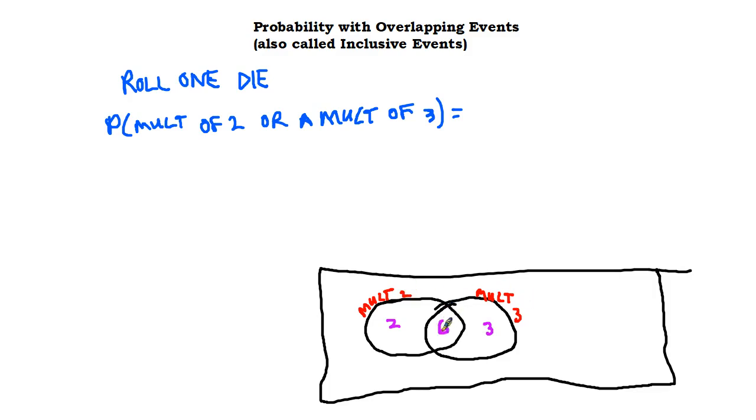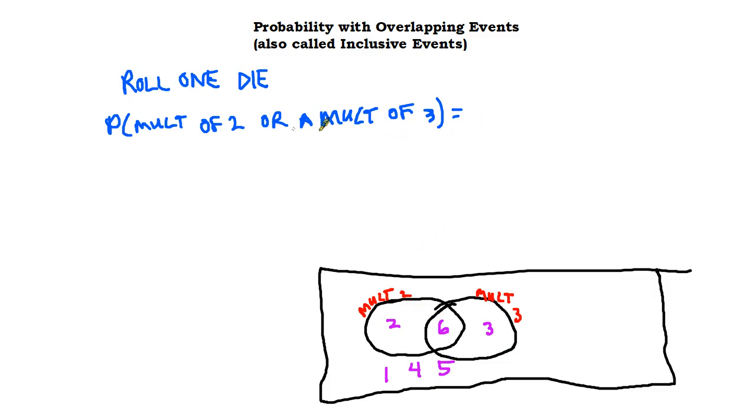So we throw that right in here in the overlapping region. And by the way, I want to point out that this rectangle is still here to represent the rest of the universe, which is all the other outcomes that are not multiples of 2 or 3, and that includes a 1 and a 4 and a 5. And I think that's it. That gives us 6 possible outcomes.